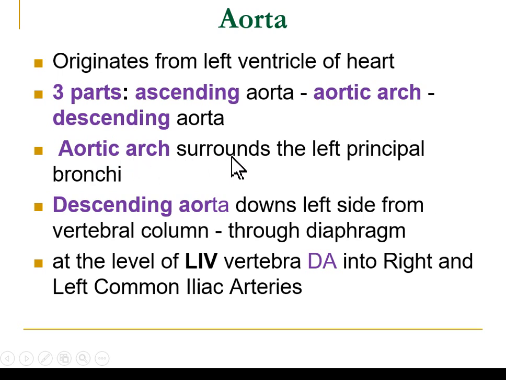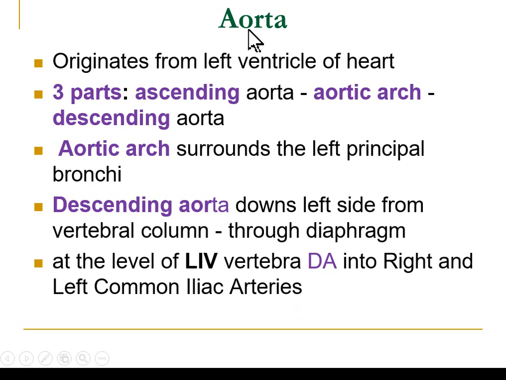The aortic arch surrounds the left principal bronchus. The descending aorta goes down on the left side of the vertebral column and exits through the diaphragm from the thoracic cavity into the abdominal cavity. At the level of the L4 vertebra, the descending aorta subdivides into the right and left common iliac arteries.